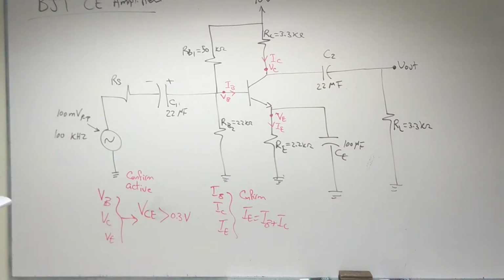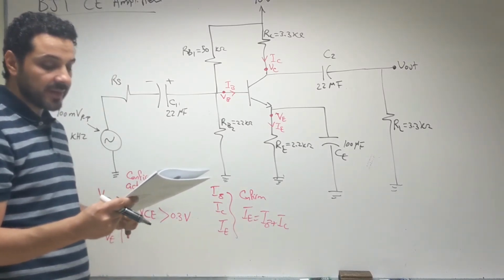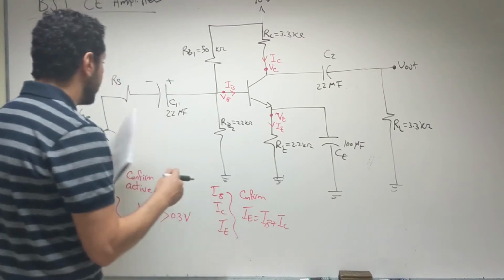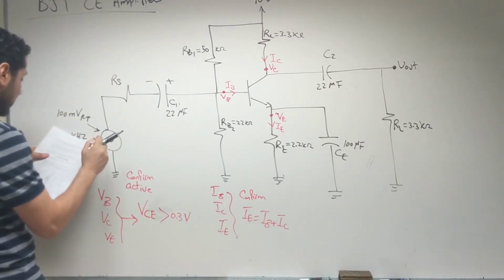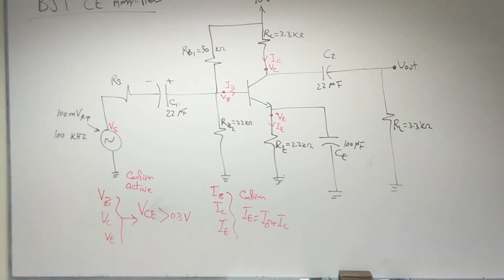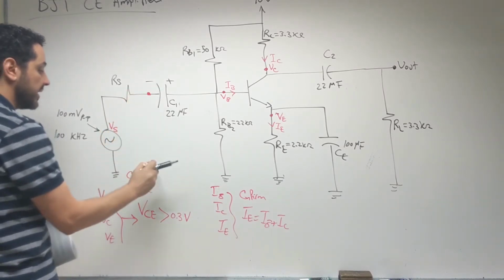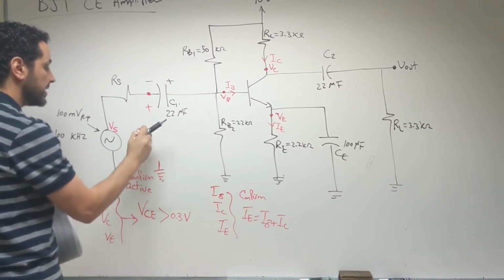Once we connect this complete circuit, we are required now to measure some gains. Before we measure the gains, I'm going to tell you that the supply voltage coming from the function generator, we are going to call it Vs. The voltage between this point and the ground, we are going to call it Vs2.